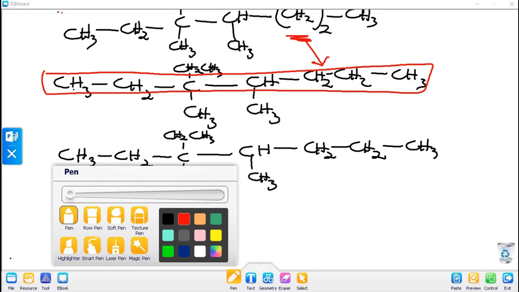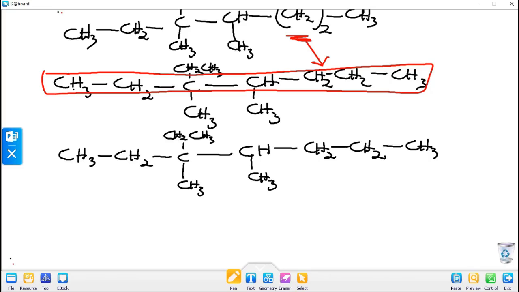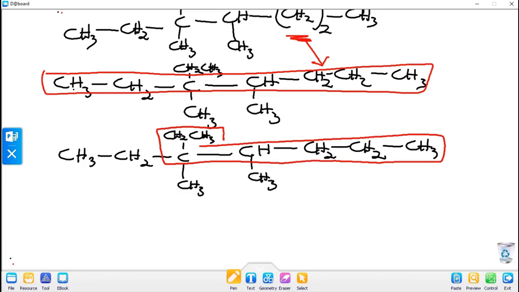Now, looking at what we have on the board, a student may choose to go this way: 1, 2, 3, 4, 5, 6, 7. So you see that a student may choose to go this way. Can you see that?